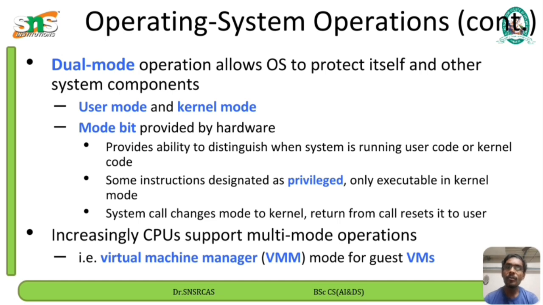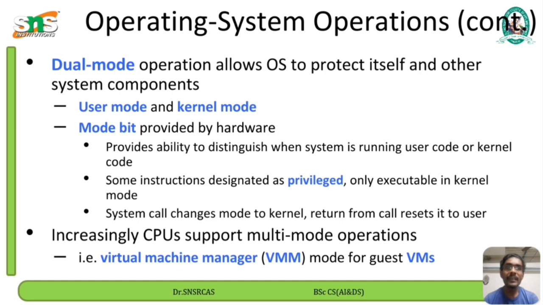Dual mode operations allow the operating system to protect itself and other system components. If any misconception, interrupt or error occurs, the operating system automatically protects itself and other system components like hardware.